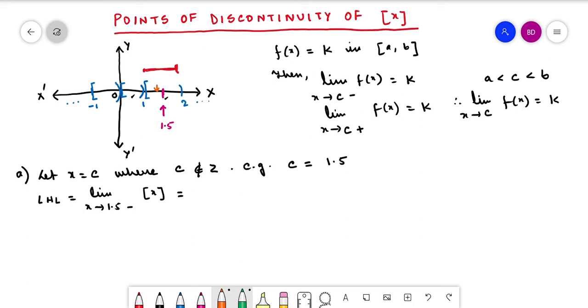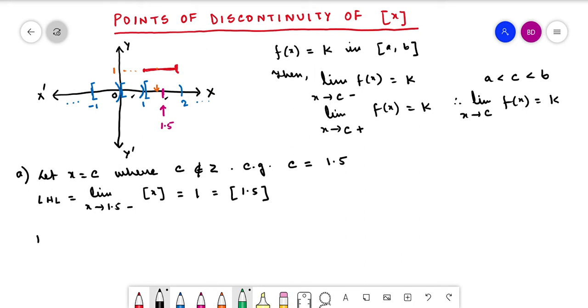And for this value of x, a little less than 1.5, you can see the functional value is 1. Since this is a constant function having the constant value 1, the left hand limit as x tends to 1.5 from the left will be equal to 1. So that means 1 can be written as box 1.5.